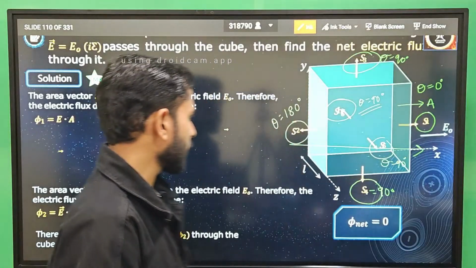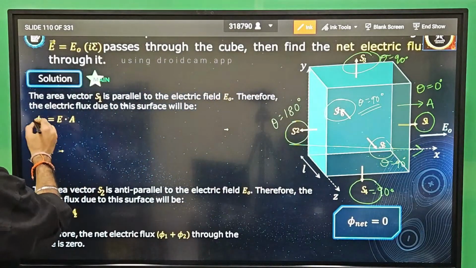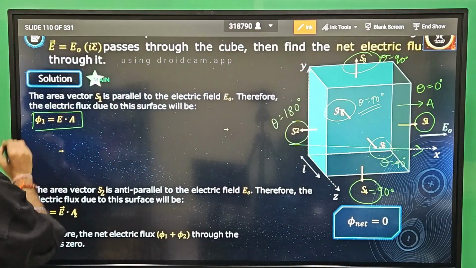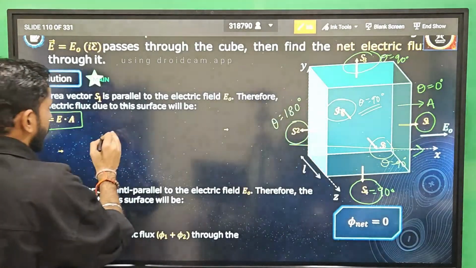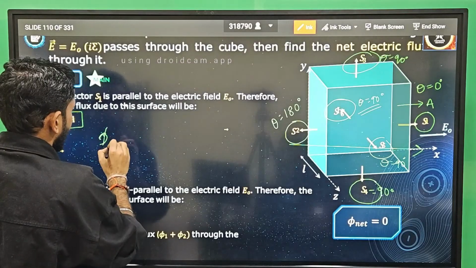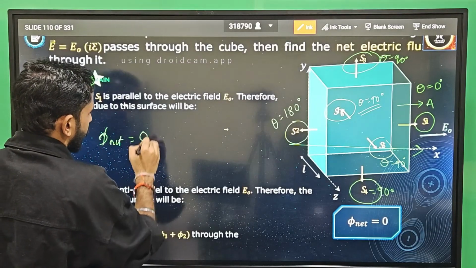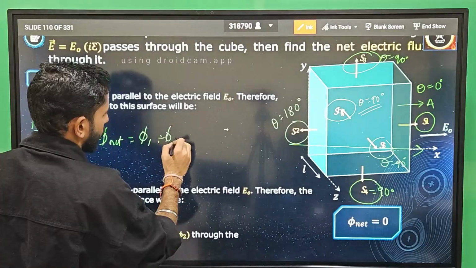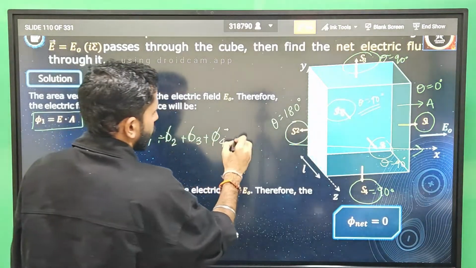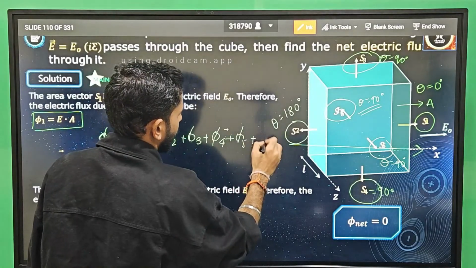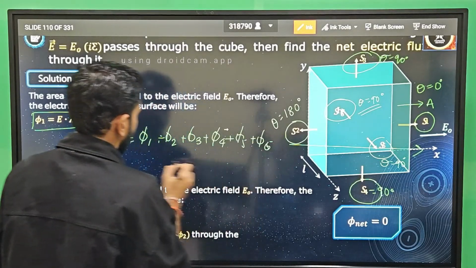Now I have mentioned the angles for all of them. Now how will I write? I know that flux is E dot A. And the net flux, phi net, I will write as flux due to face 1 plus flux due to face 2 plus flux due to face 3 plus flux due to face 4 plus flux due to face 5 plus flux due to face 6.